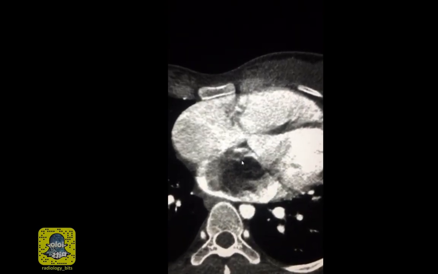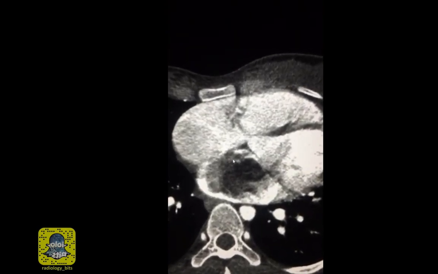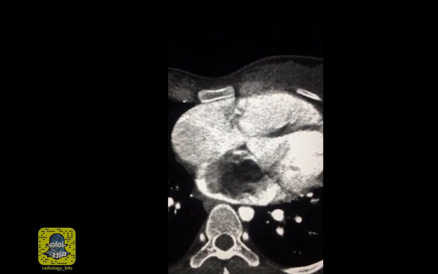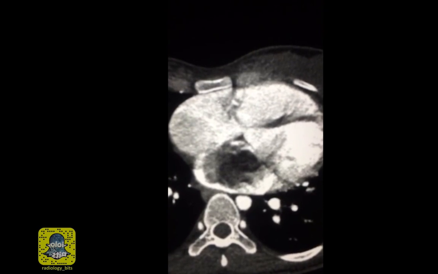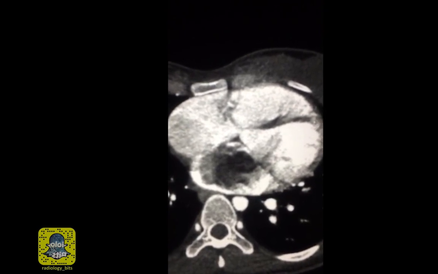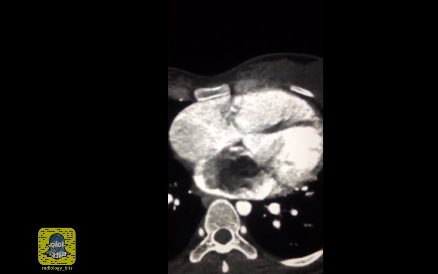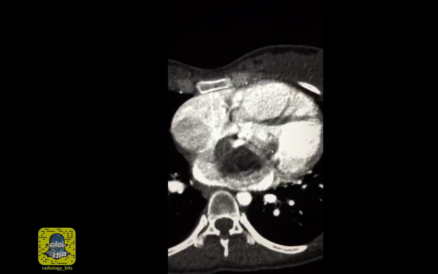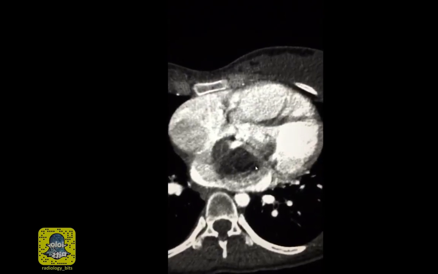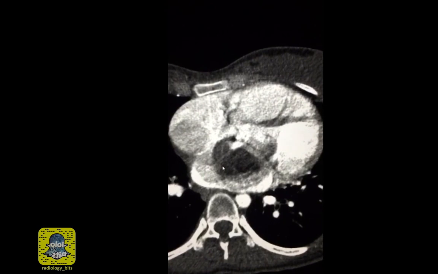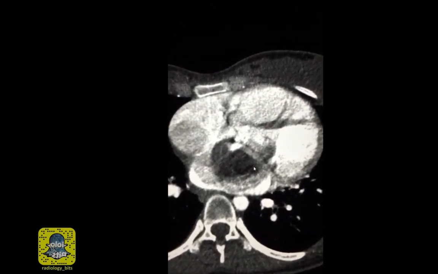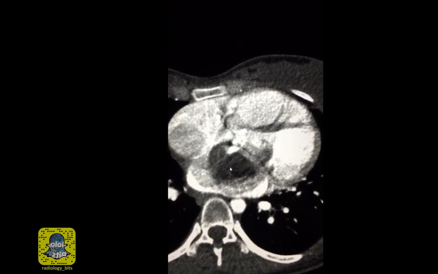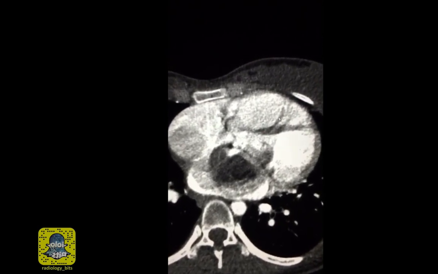That's in comparison to malignant primary cardiac tumors, which are infiltrative, involve more than one cardiac chamber, are associated with hemopericardium, or may be associated with lymphadenopathy and metastasis. Now to another famous fact, the most common location for a cardiac myxoma is the left atrium. Although it happens, it's very rare to see myxomas in the right atrium or in the ventricles.